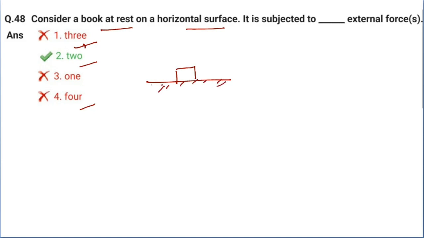This is our horizontal surface. It is subjected to what external forces? There are not no external forces. One force is the normal reaction in the upward direction, and in the downward direction the self weight mg is there. Okay, so we can say it is subjected to two external forces.